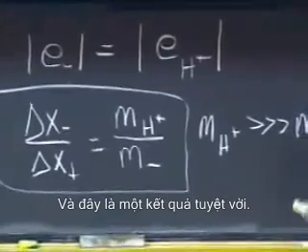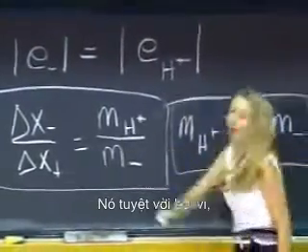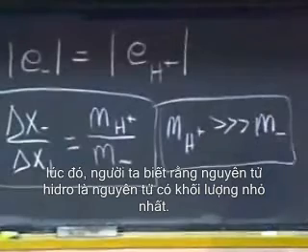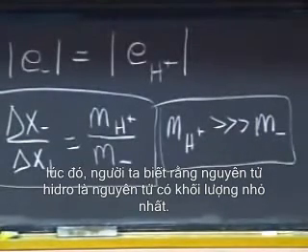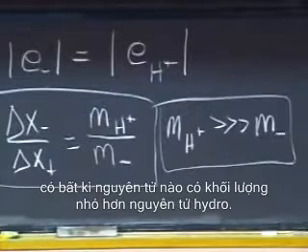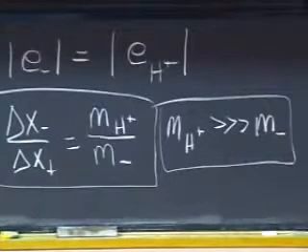And this is the stunning result. It's stunning because at the time it was already known that a hydrogen atom is the least massive atom. There wasn't evidence for any other atom less massive than a hydrogen atom.